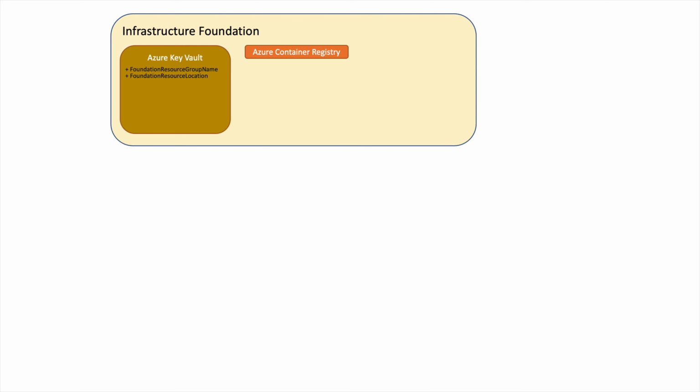Once I deploy my Azure Container Registry, I keep my information about this container registry in my Infrastructure Foundation Azure Key Vault. As we see, I use the container registry name, registry username, and registry password because when I'm initiating a new AKS cluster, I need to make a trust between my new container registry and the AKS cluster.